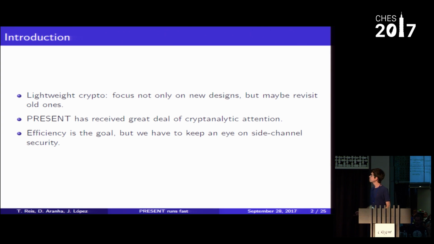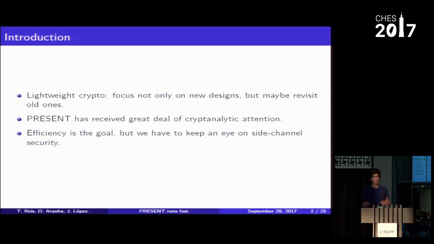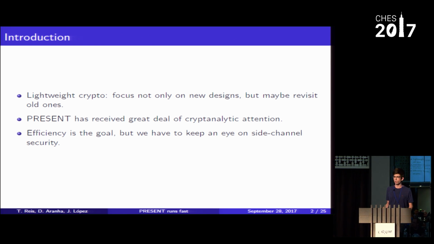So as we all know, lightweight crypto is now on the rise, and we constantly see many new designs appearing all the time and being analyzed. But it turns out that it might be useful also to take a look at older designs, especially when these older designs have already taken a lot of cryptanalytic attention, and we are now more confident about their claims of security, which is exactly the case of the present block cipher, which is the subject of our work.